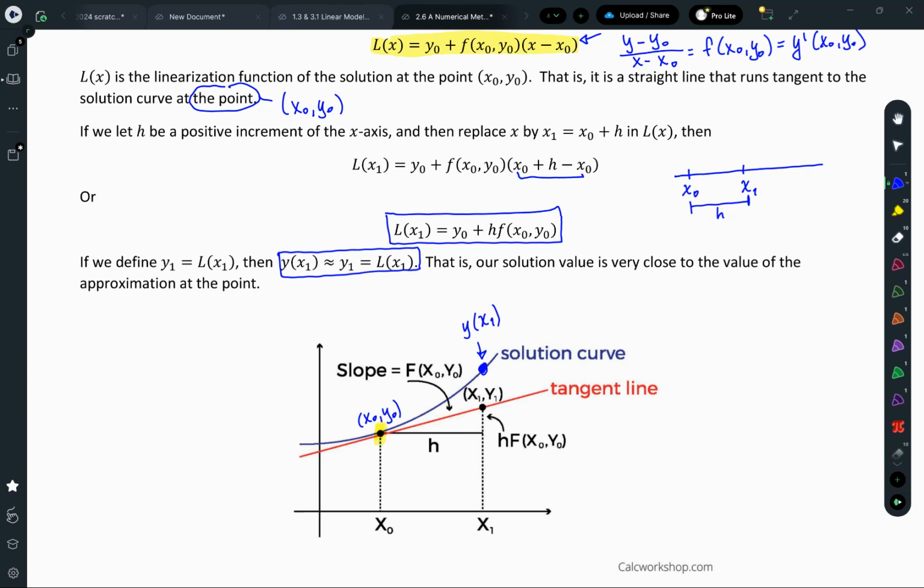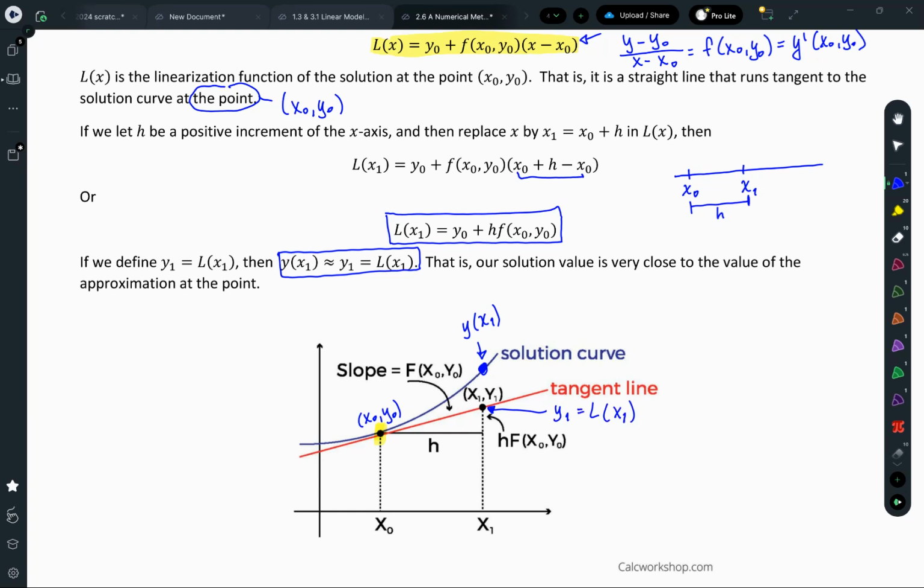But we're not actually calculating that because we can't. We don't know what our solution is. What we're doing is we are using the value of y on the tangent line when x is equal to whatever x1 is. And so that value right there, that's y1, and it's equal to L of x1, okay?